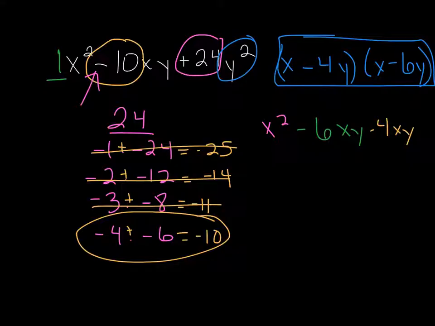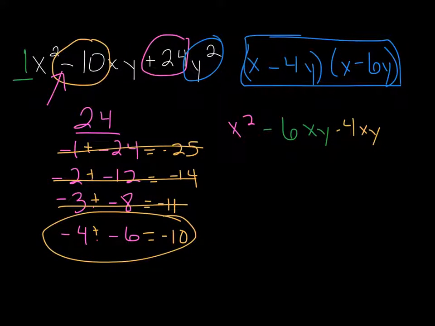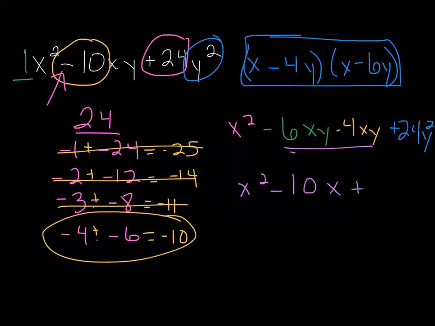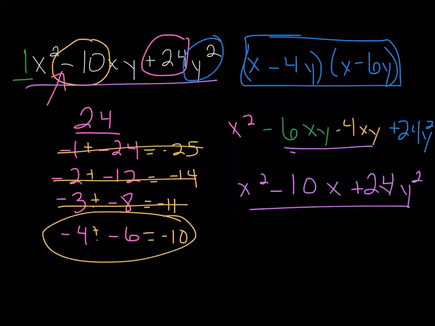And last, we get plus 24y squared. And let's combine the middle terms there. x squared minus 10xy plus 24y squared. So that does work.